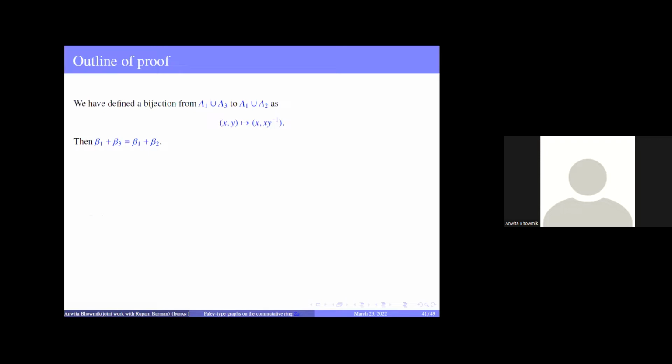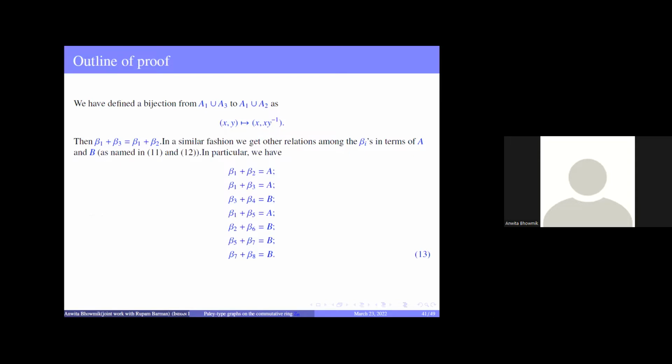Again, we find that A1 union A3 and A1 union A2 have the same cardinality because we find a bijection between them. Since A1 union A3 has cardinality beta 1 plus beta 3, and A1 union A2 has beta 1 plus beta 2, we find that they are equal. In this way, we find other relations among the betas. Namely, we have these 7 relations. A and B are fixed values depending on p and alpha.